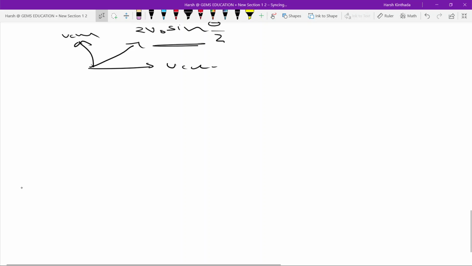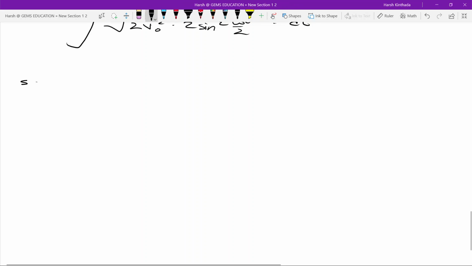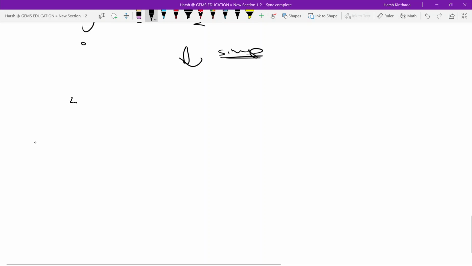So we get the root of 2 V naught square into 2 sin square omega t by 2, into dt, which will give us s equals the integral from 0 to 2 pi by omega. We take out the squares, leaving sin omega t by 2 into dt, and upon simplifying this we have 4 V naught, integral from 0 to 2 pi by omega, of sin omega t by 2 into dt.